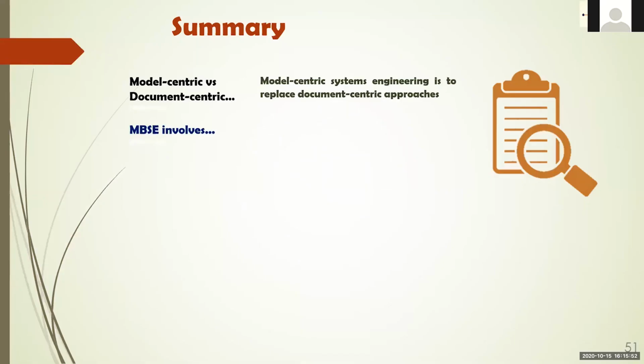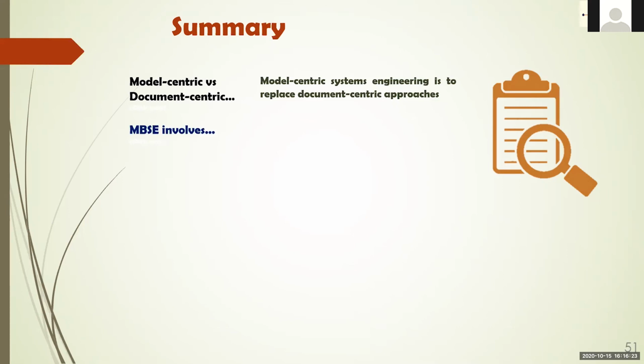And now as a summary, let's see what we learned. We have model-centric versus document-centric. And what did we learn? That model-centric will replace document-centric. In document-centric, you only have models done independently and they are not connected. Nobody is checking for coherence or consistency, okay?